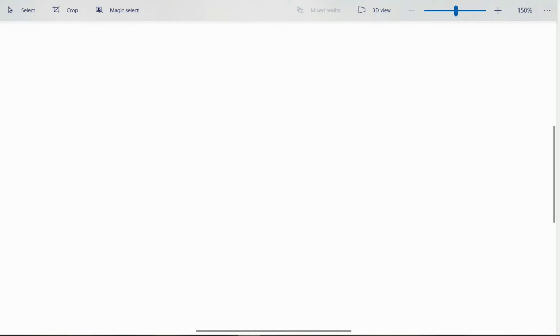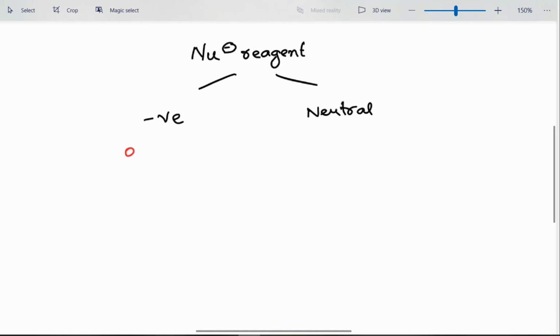Nucleophilic reagents are again classified into two types, quite similar to electrophilic reagents: one which are negatively charged and the other which are neutral in nature. For the negative reagents, you can consider examples like OH minus, Cl minus, or any halogens or electronegative elements. Those can also be considered negative nucleophilic reagents.